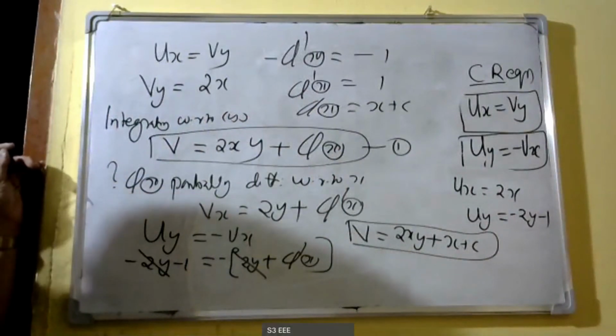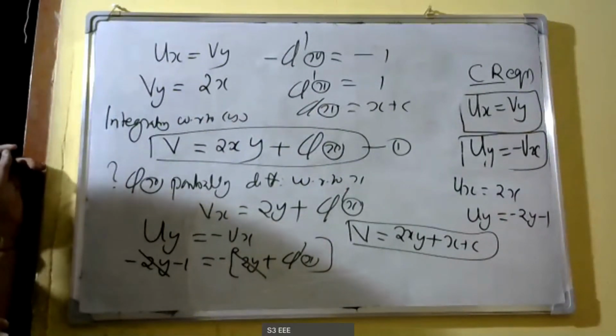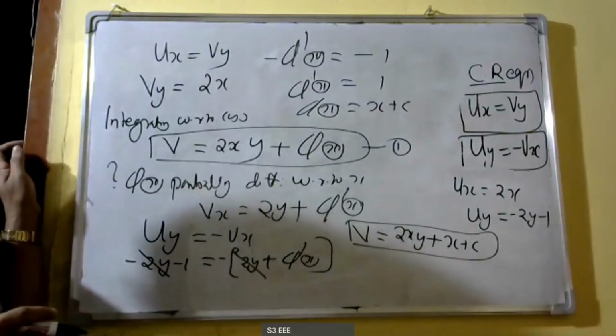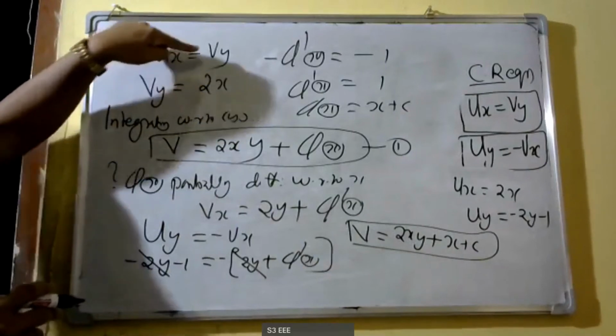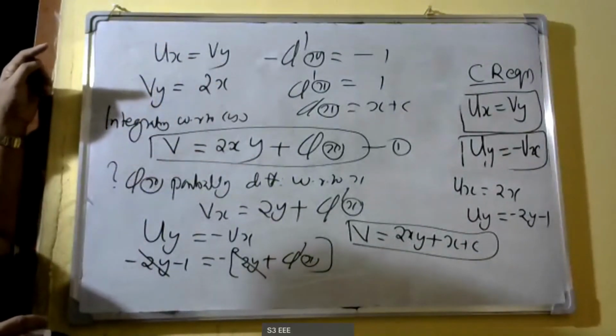Now, in this case, to find the harmonic conjugate, we use the Cauchy-Riemann equations, ux equal to vy and uy equal to minus vx. Since ux is equal to vy, vy is equal to 2x.